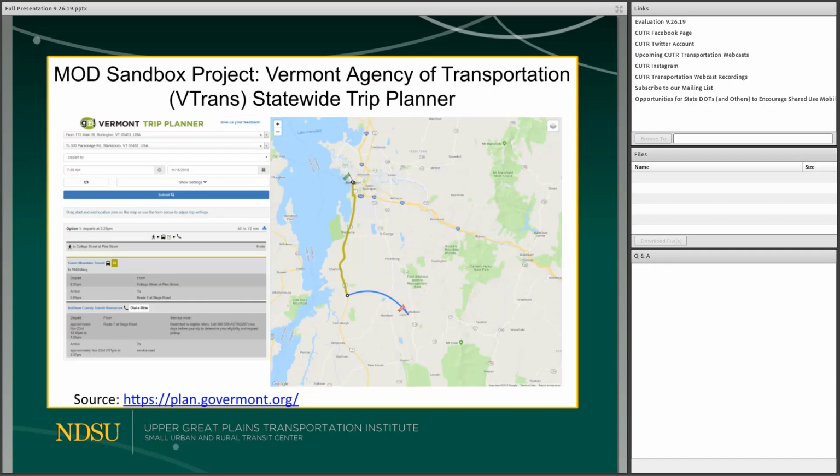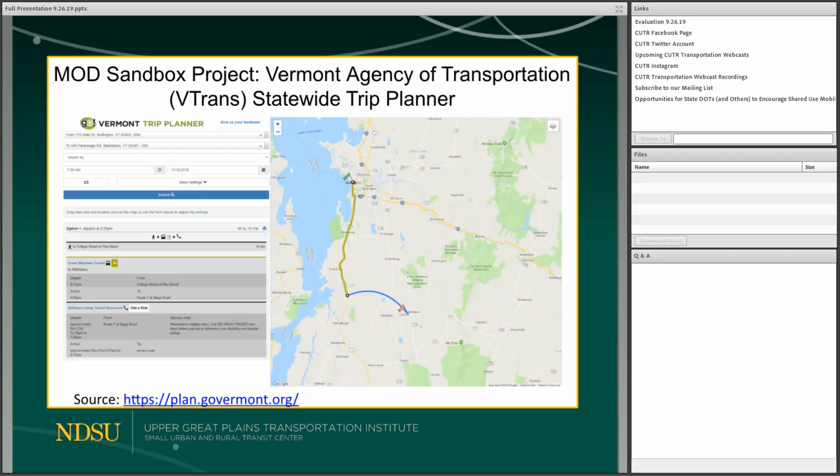The figure at the bottom demonstrates the Open Trip Planner, which is called the Go Vermont Trip Planner application, with sample origin and destination locations. The trip planner provides various options for travel using existing transit options, as well as the cost of the trip and an estimate of the time.